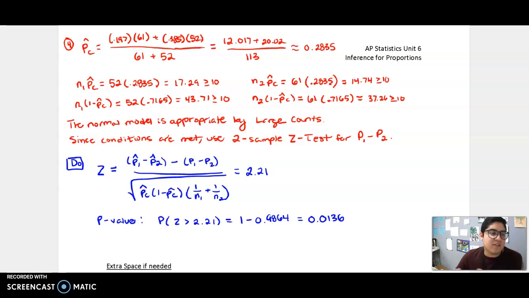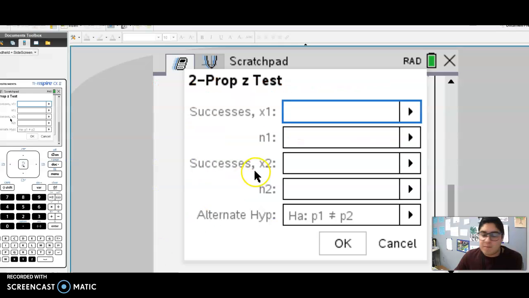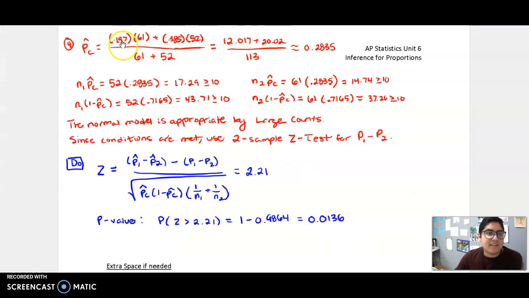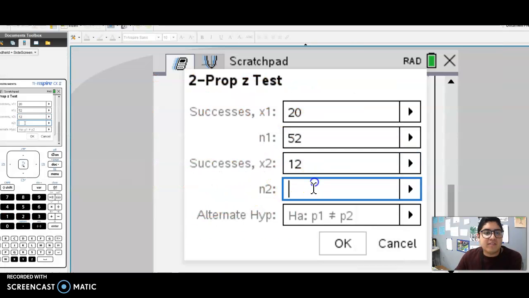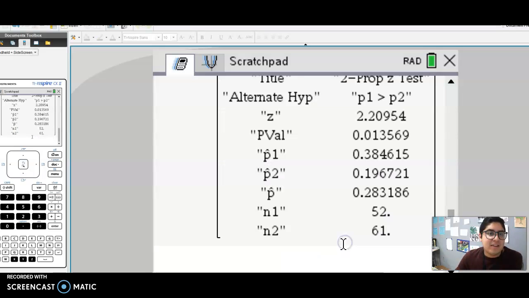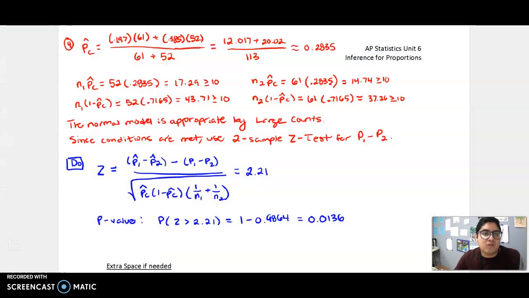The successes for the 2017 group are about 20. And there were a total of 52 randomly selected plants. Next up, the successes in the 2014 group are about 12 out of 61 randomly selected plants. And I'm testing that the proportion in 2017 is greater than in 2014. If you do this backwards, you'll end up with the wrong sign. So we'll check our work here, and we get about 2.20954, which we rounded to about 2.21.